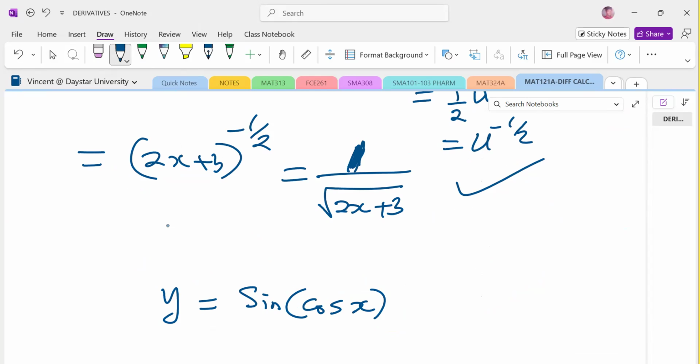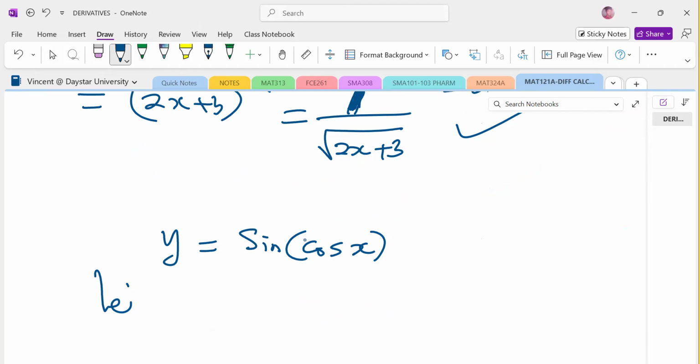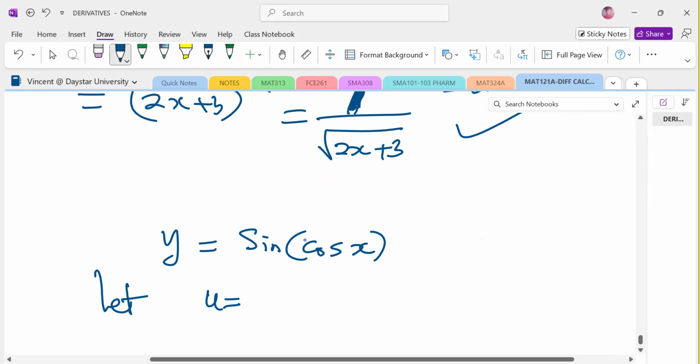So what is the best choice for u in that case? Cosine of x, correct? So here you let u be cosine of x. So which means y will be sine of u.